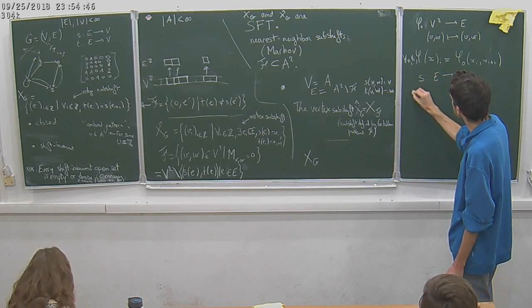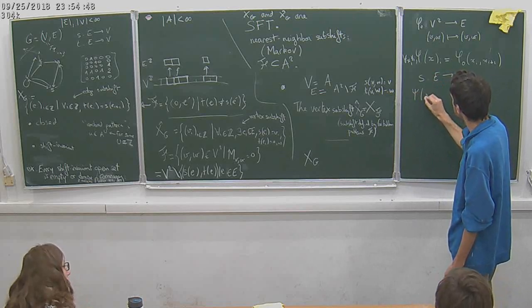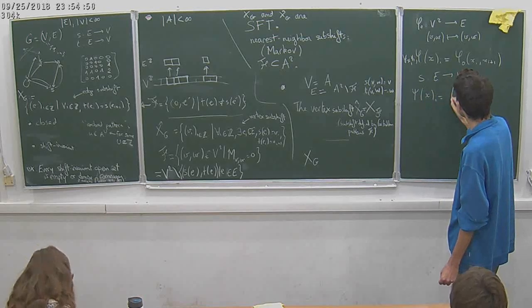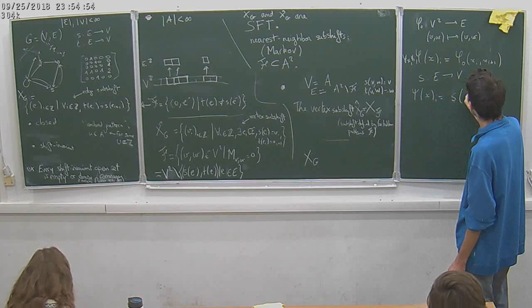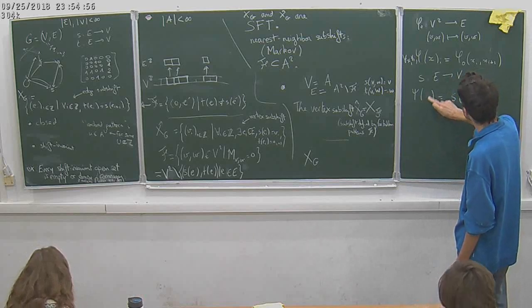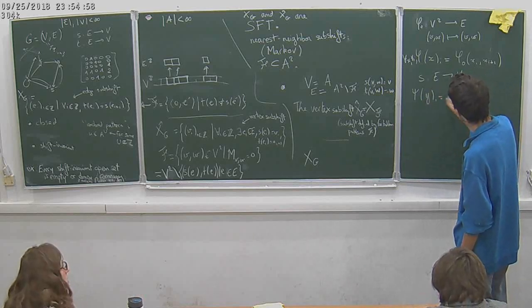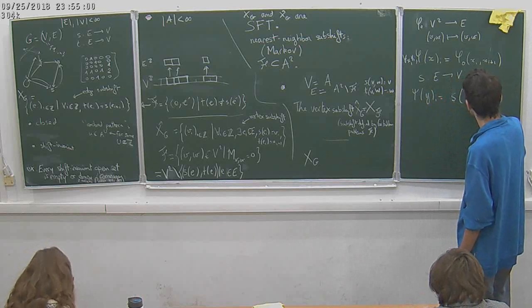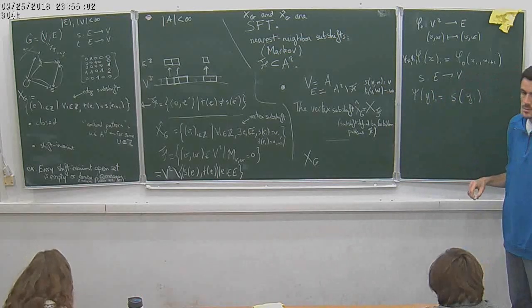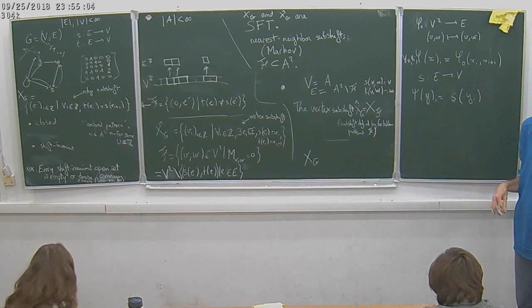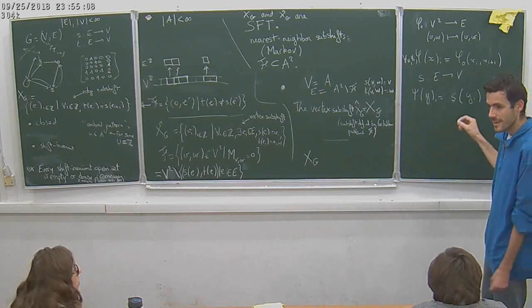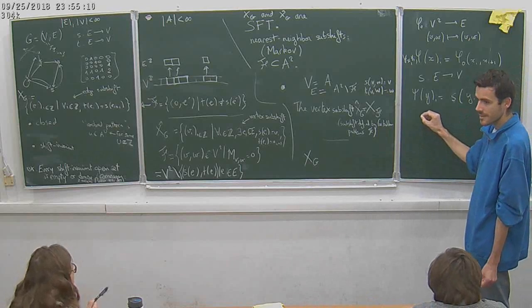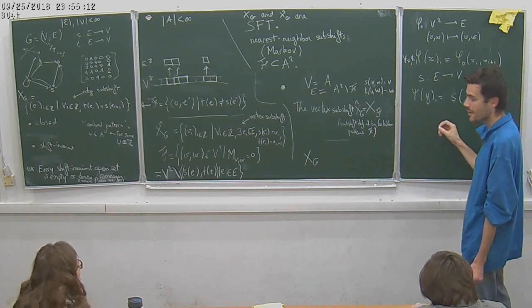Maybe psi of x I equals S. So maybe I should write another letter. Okay, so this is another homomorphism. So what we want is to prove that they are inverse of one another.